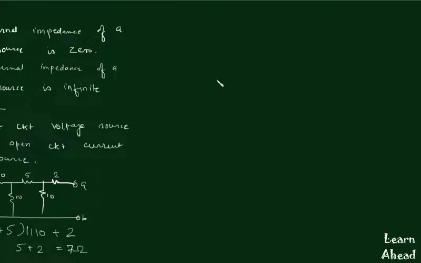So the Thevenin's equivalent network will be VTH, a resistor in series, RTH, that is equal to 7 ohm. VTH was 2 volt and the actual load is connected in the end. Now you can find this current.